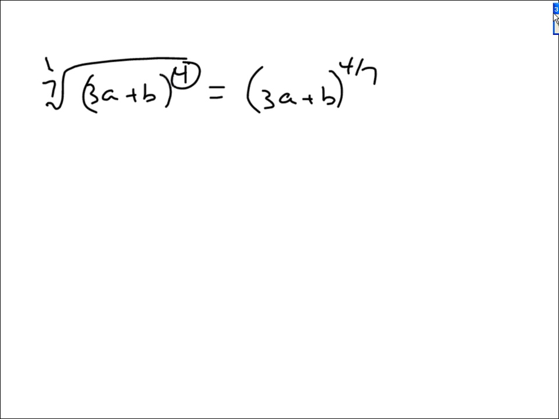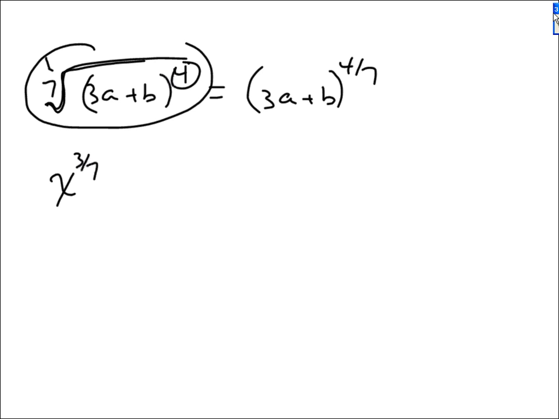Now, let's reverse the game. What if I give you x to the 3 over 7, and I ask you to write it in radical form? This is in radical form because it has a radical. This is in exponential form because it has an exponent.